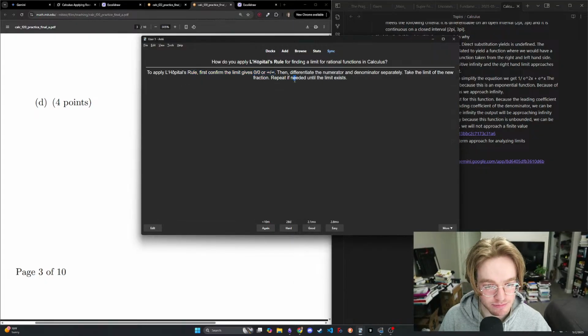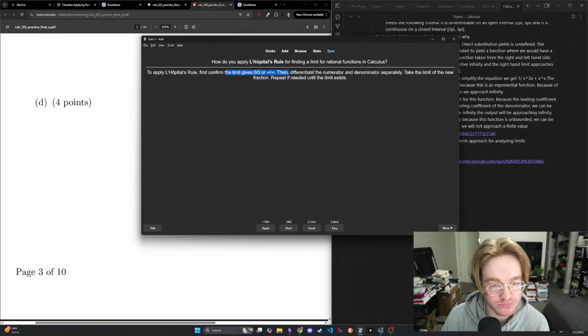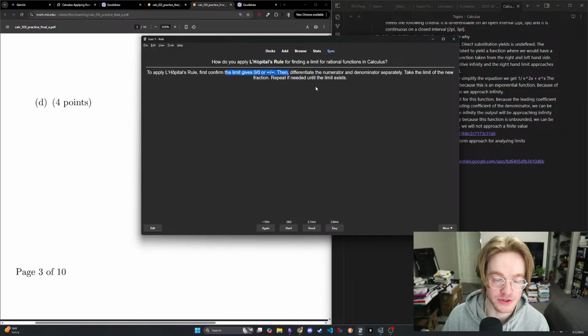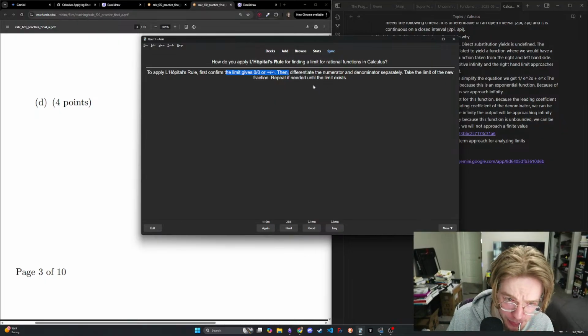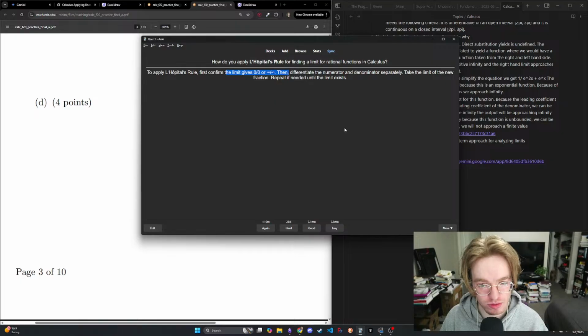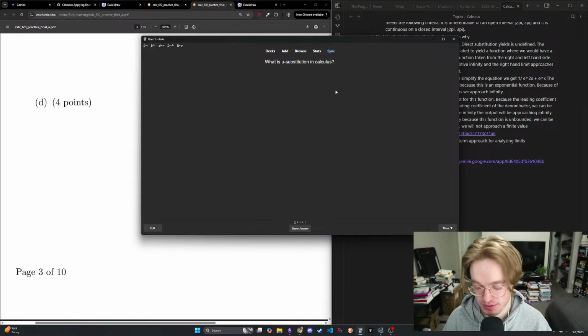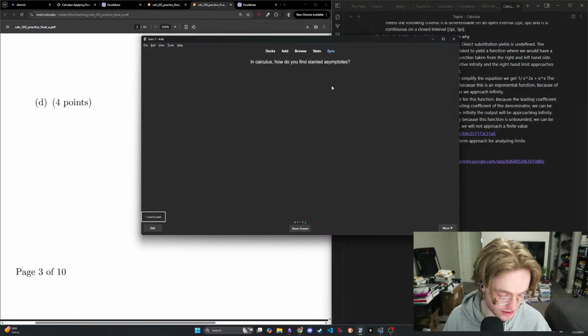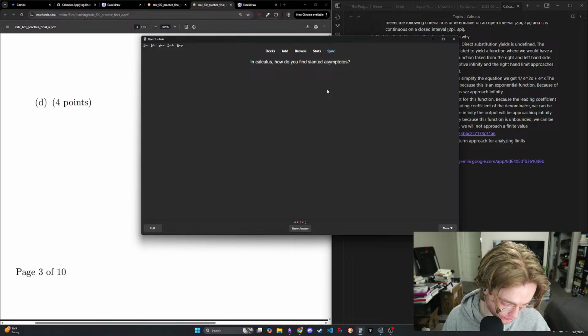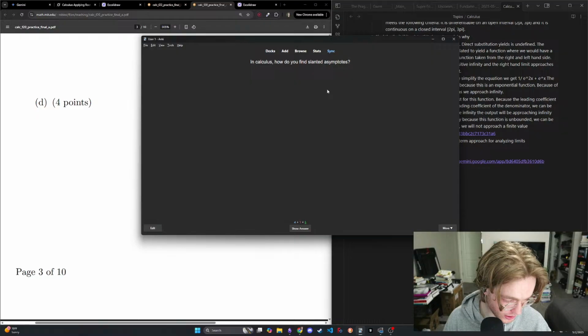Okay. Okay, so I do need to... Interesting. Okay. So I first need to confirm that, and then differentiate the numerator and the denominator separately. But that one, a slanted asymptote. So this is when the numerator's leading coefficient is 1 higher than the denominator, I believe.